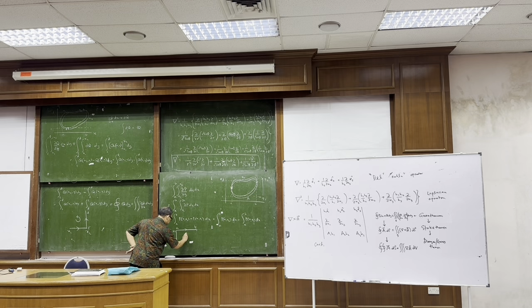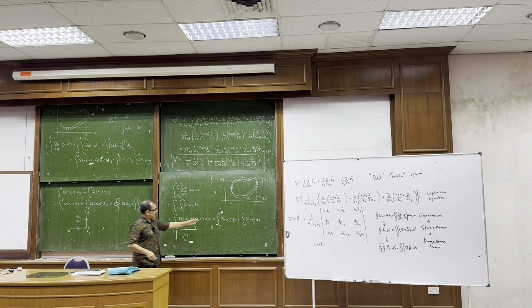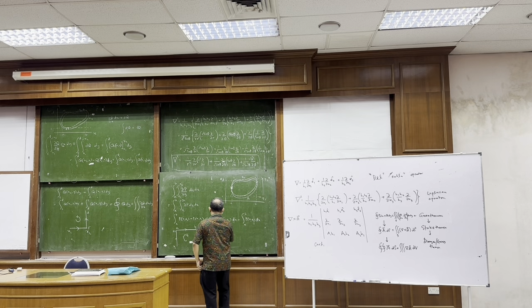So the rotation goes this way. But we want the rotation to always go counterclockwise, like this one. So the result of this has to be negative. How are you going to do that? You make this thing become negative.